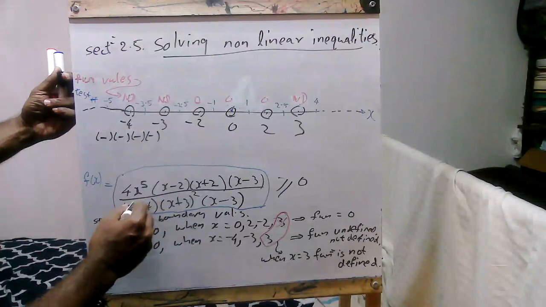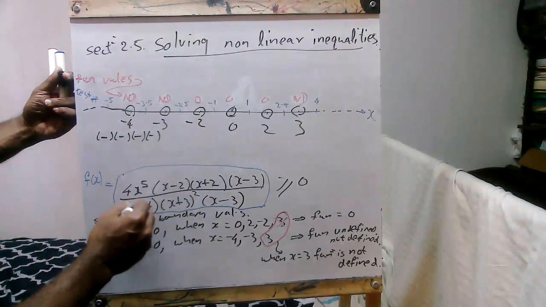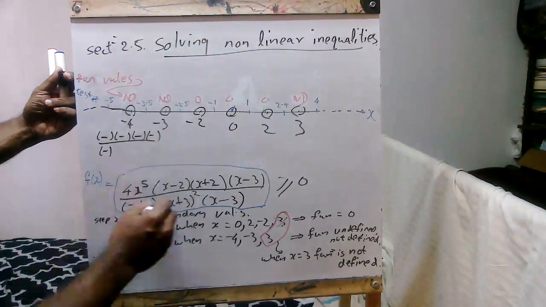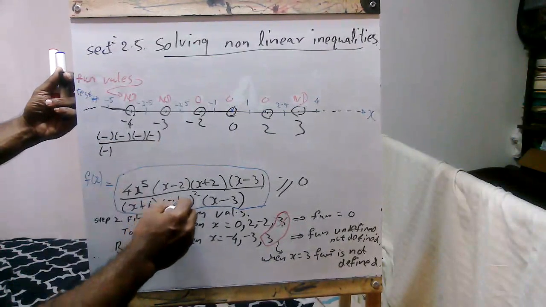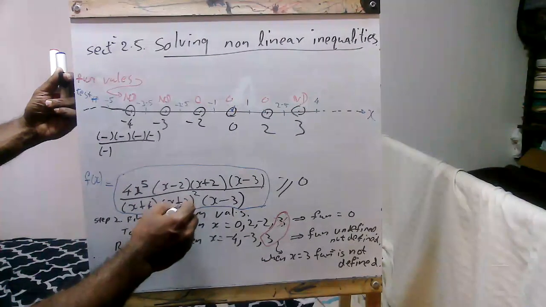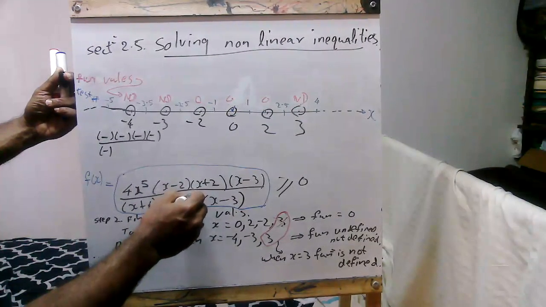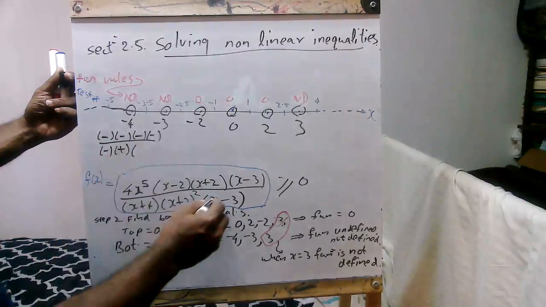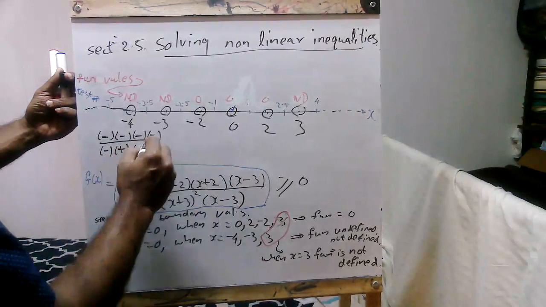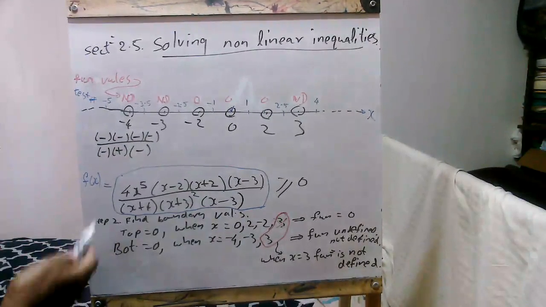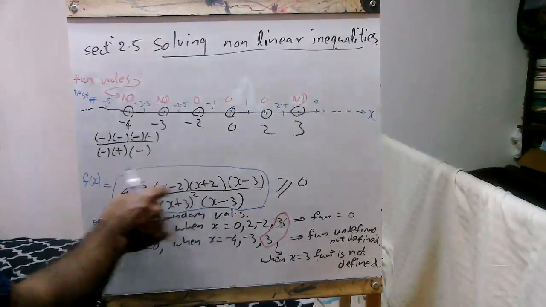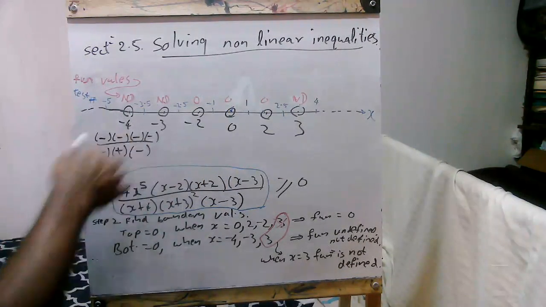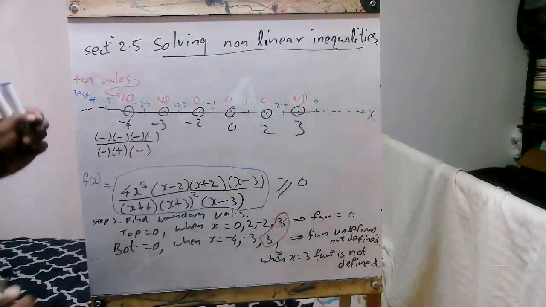In the bottom, negative 5 plus 3 is negative, but when you square, it is positive. Negative 5 minus 3, again it is negative, right? So in these parentheses, these are the signs you are getting. Now we can find the overall sign.